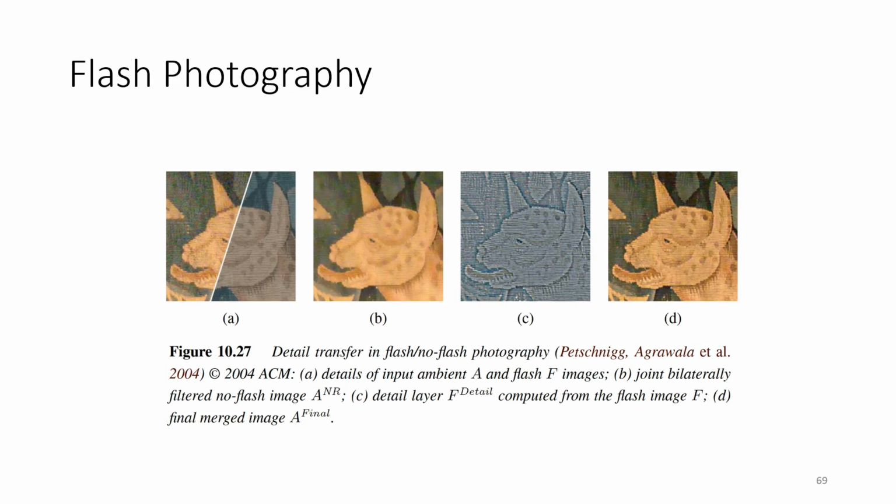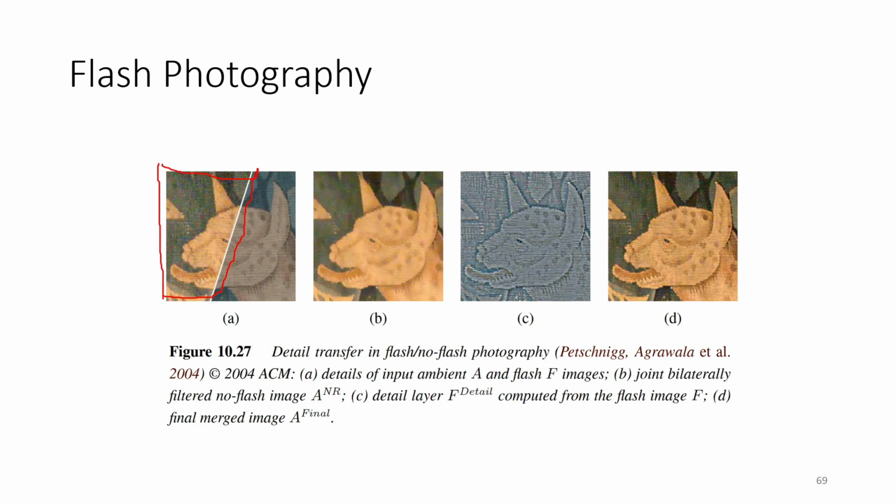And if you have a conventional digital camera or a DSLR camera, the flashlight is much stronger. You can take two different photos. Here is one. If you turn off the flashlight, you will get this image. The color looks good, but there is a lot of noise.